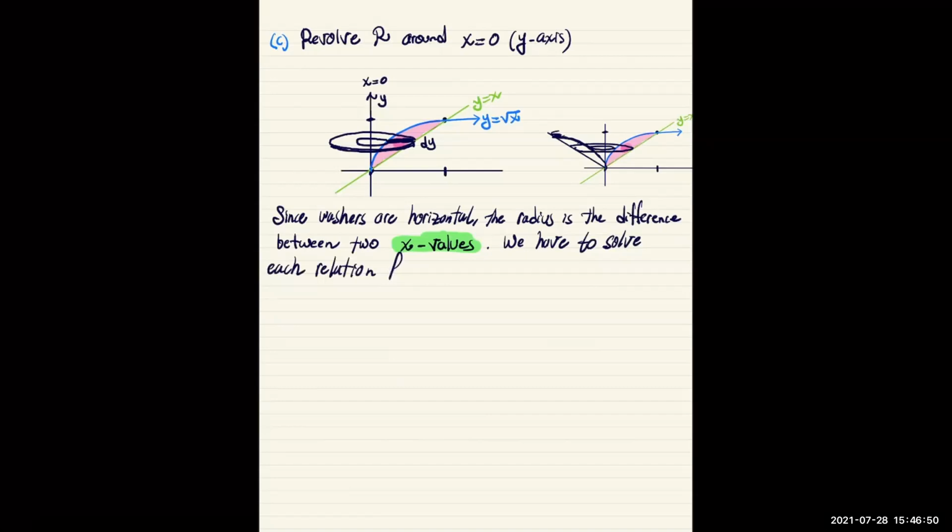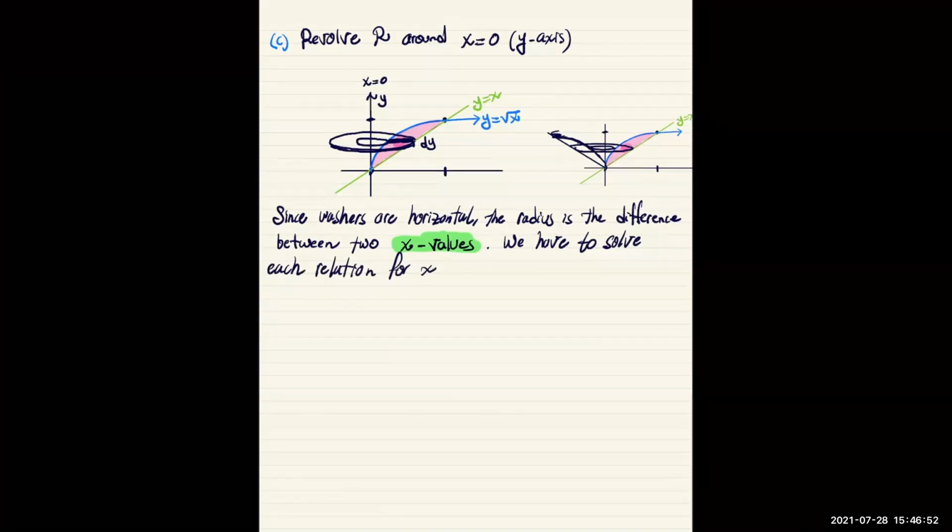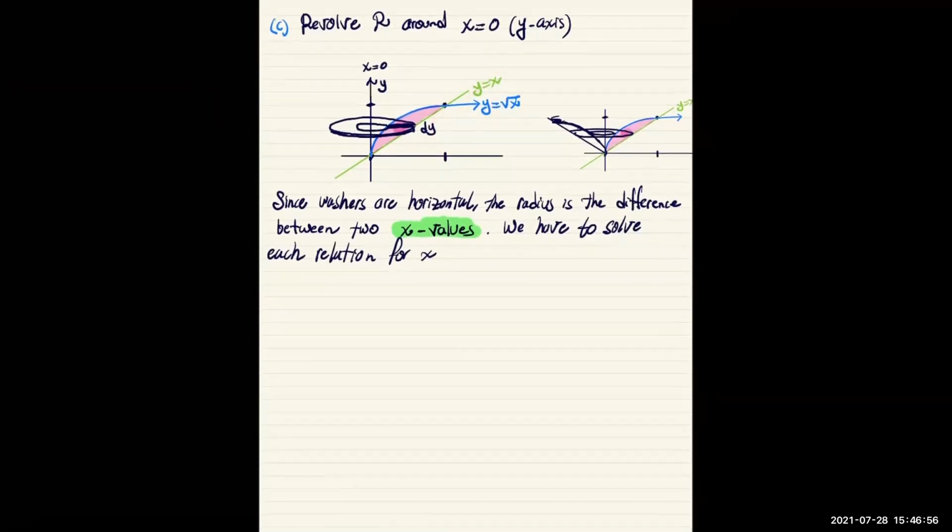We're talking about the relation that describes the bounds: y equal to root x, y equal to x, for x in terms of y. So again, this is consistent with dy.